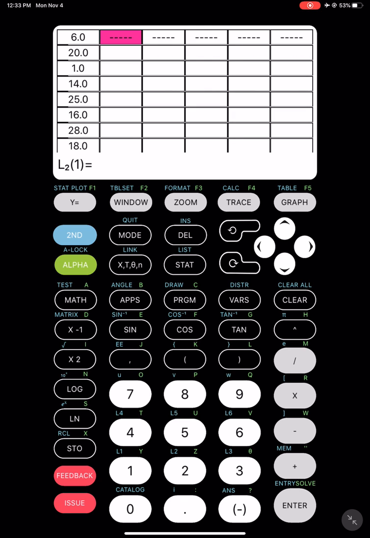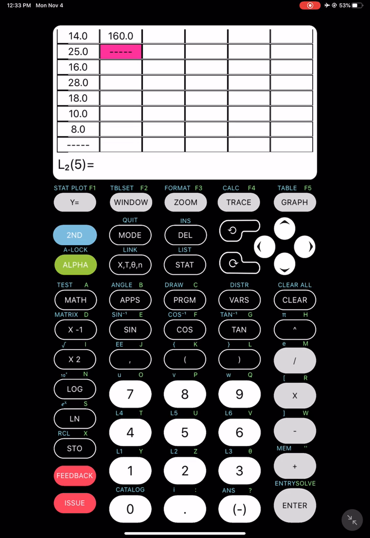Your L2 column, the number of specialty items, 150, 310, 100, 160, 280, 200, 400, 250, 120, 150.